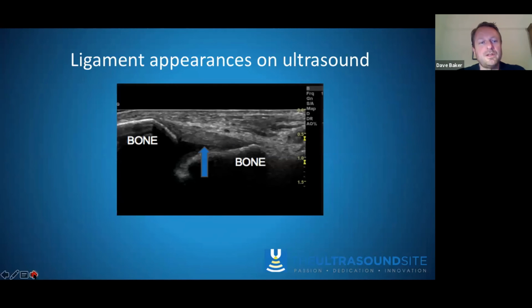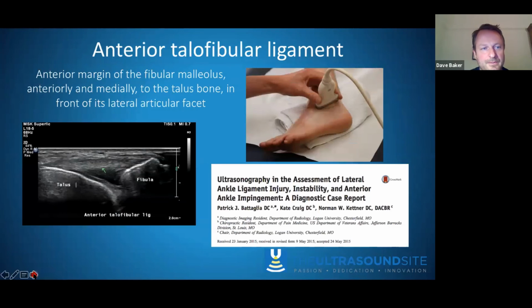And the beauty with ultrasound is the ability to dynamically stress and put torsion on ligaments so that we can see whether or not they're intact.